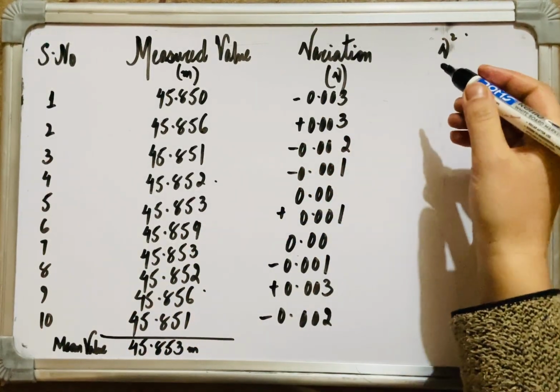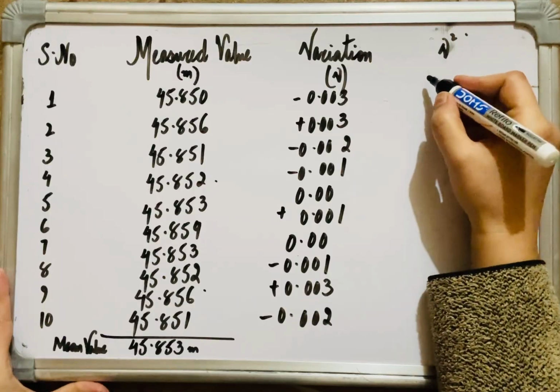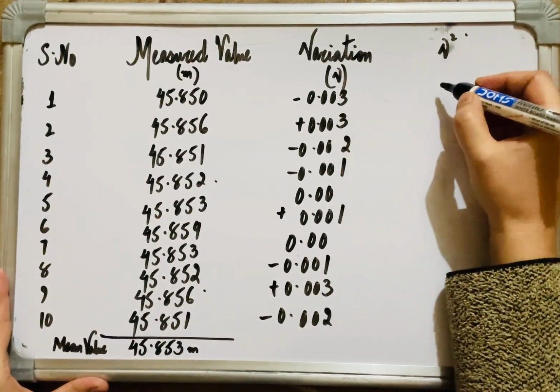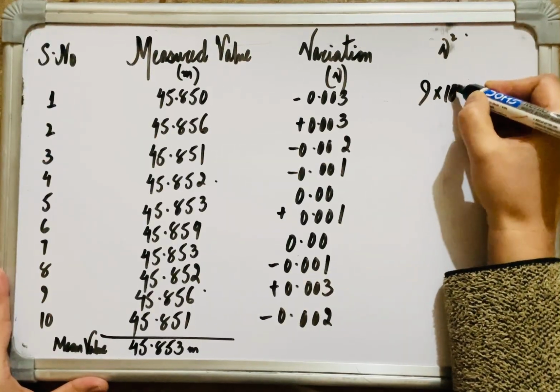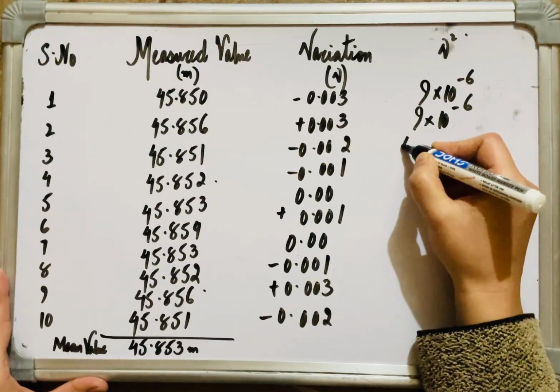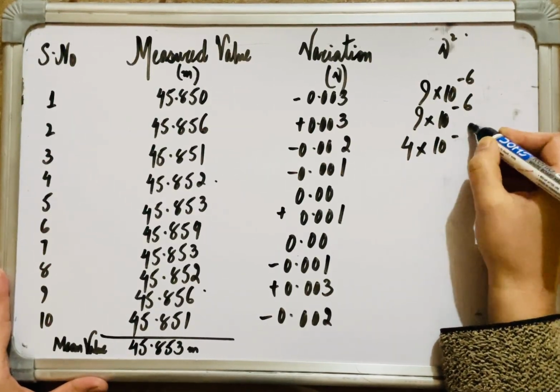In each case, I'll have to calculate the square of it. The first one is, this is v and this is v square. 9 into 10 raised power minus 6. Then again 9 into 10 raised power minus 6. Then 4 into 10 raised power minus 6.